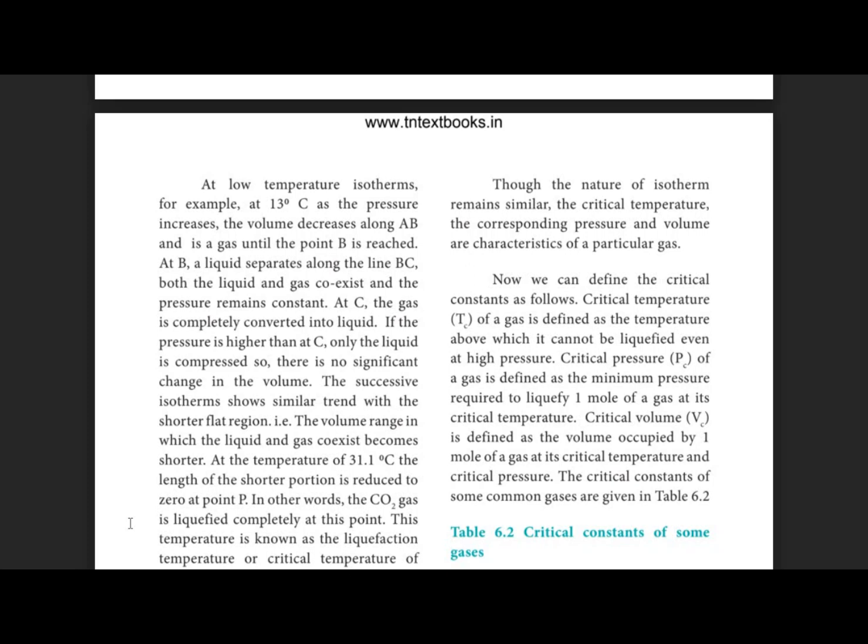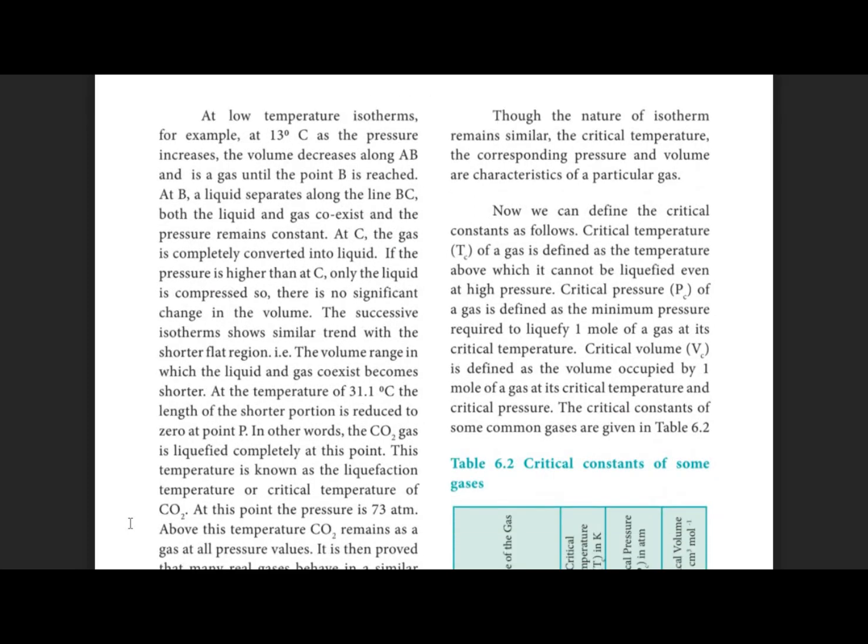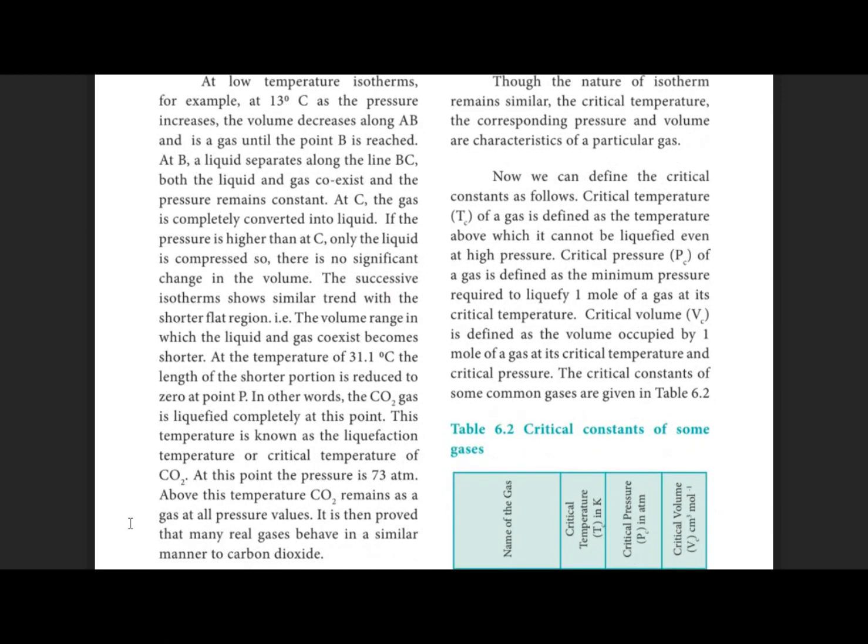At the temperature of 31.1 degrees centigrade, the length of the flat portion is reduced to zero at a point P. In other words, the carbon dioxide gas is liquefied completely at this point. This temperature is known as the liquefaction temperature or the critical temperature of carbon dioxide.